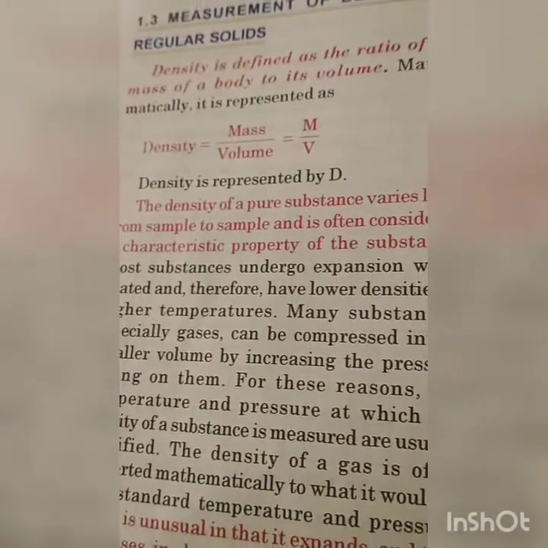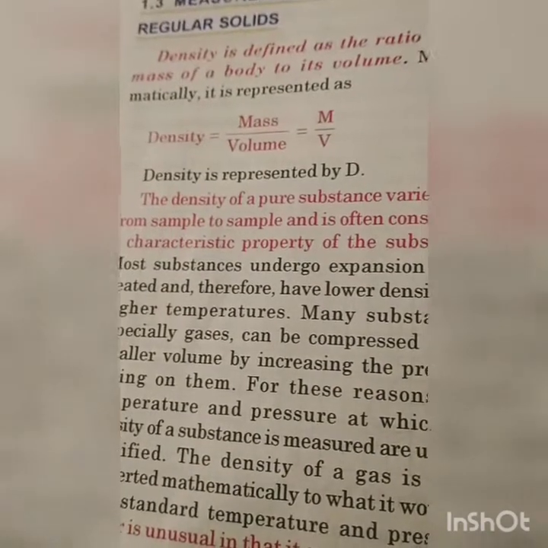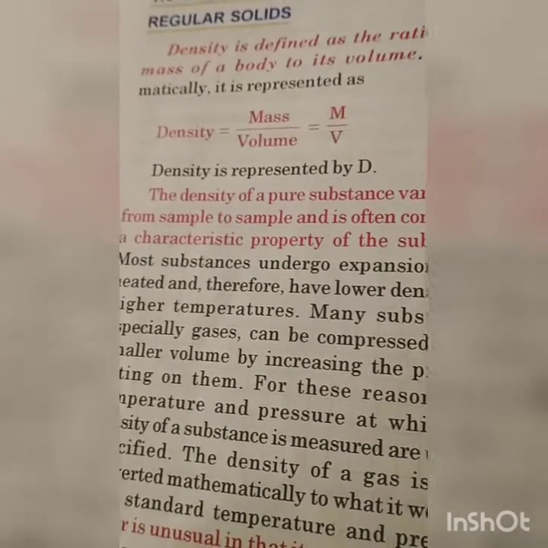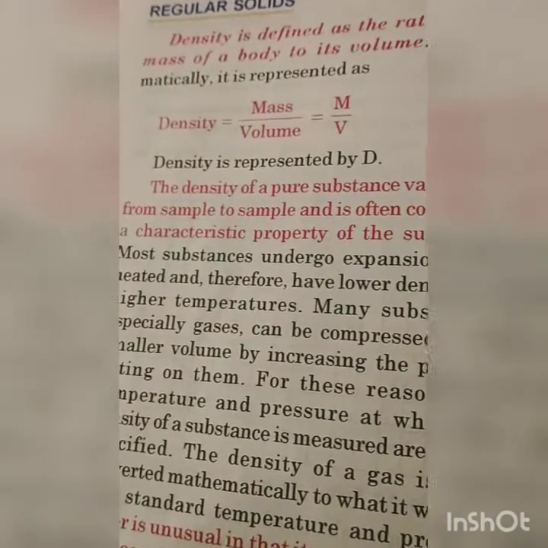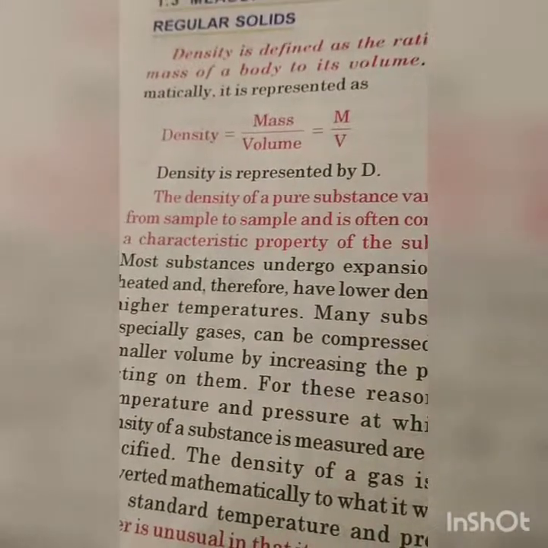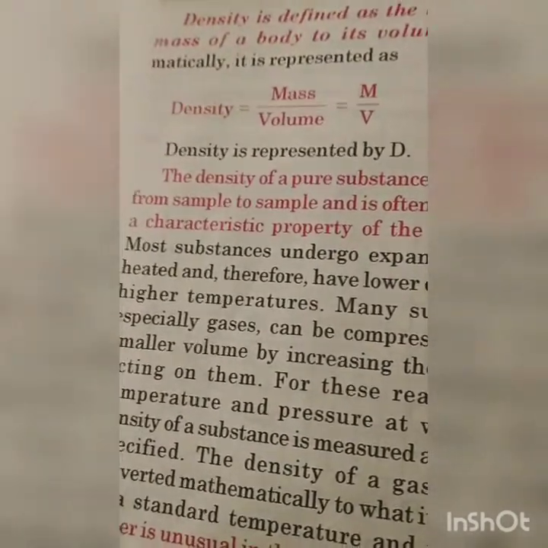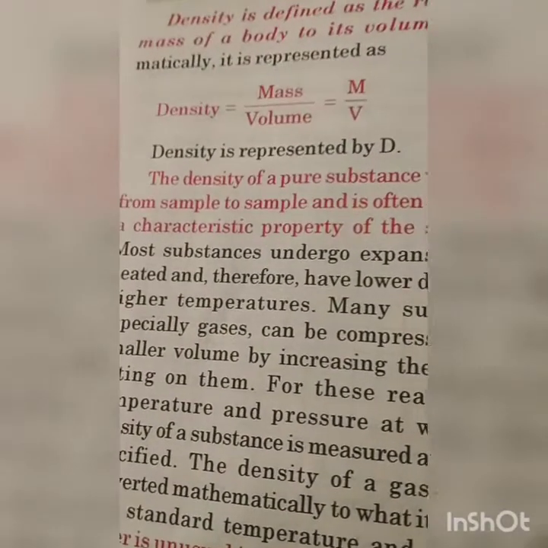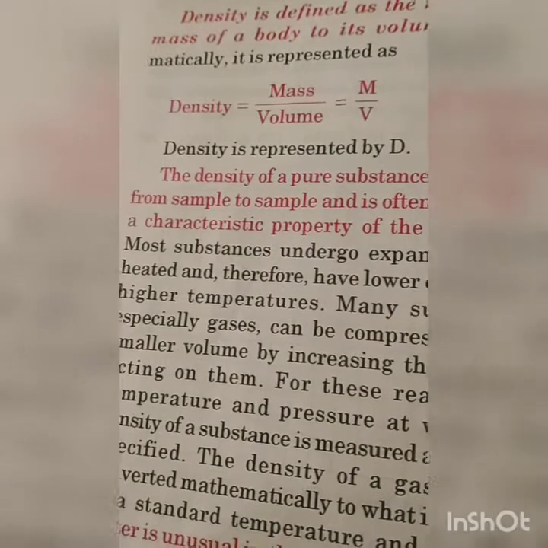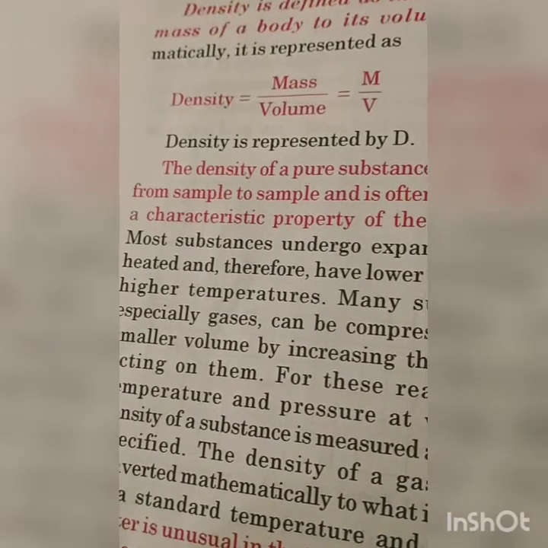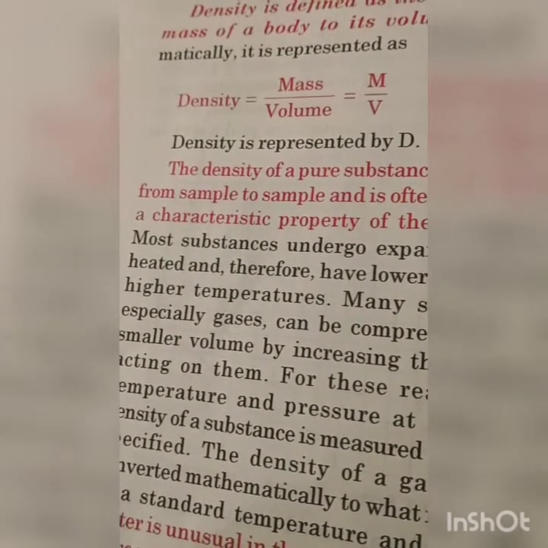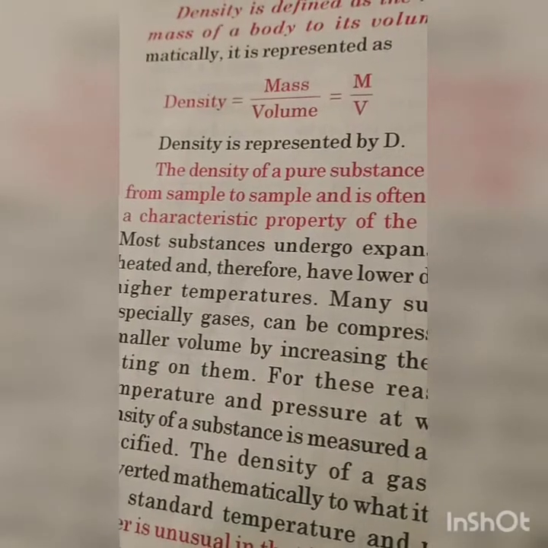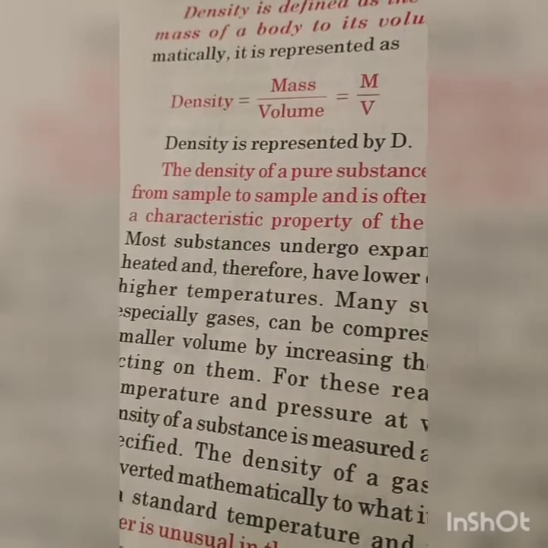Now why does it vary? Suppose you heat a substance, as you know, it expands, so volume changes on heating anything. When the volume is changing, the density also changes. So that's the effect of temperature on density.